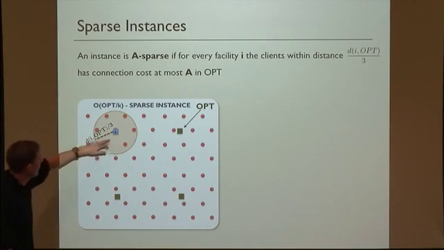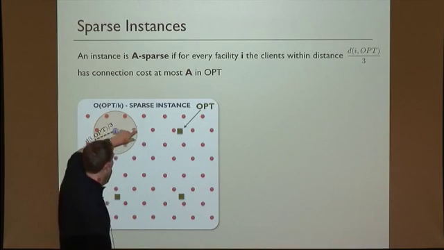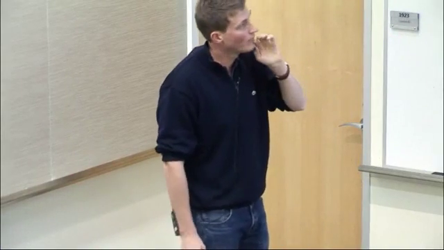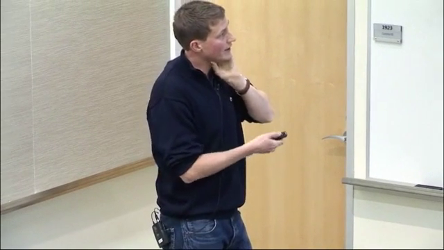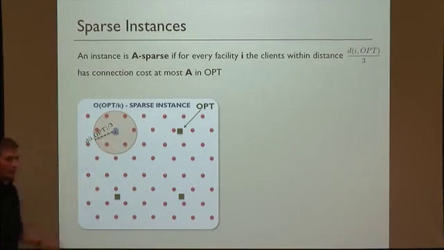Now I draw a ball around this facility I with radius d_i^opt over 3. So here I have d_i^opt, and the radius is 1/3 of this distance. All the clients inside this ball should have a connection cost in the optimum that is at most A for it to be A-sparse.